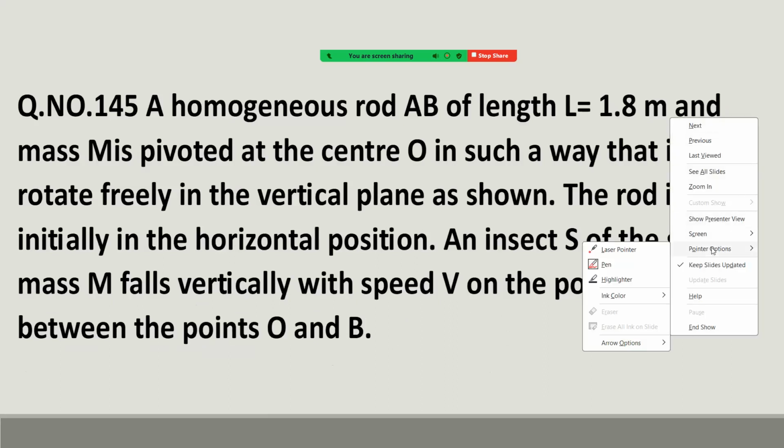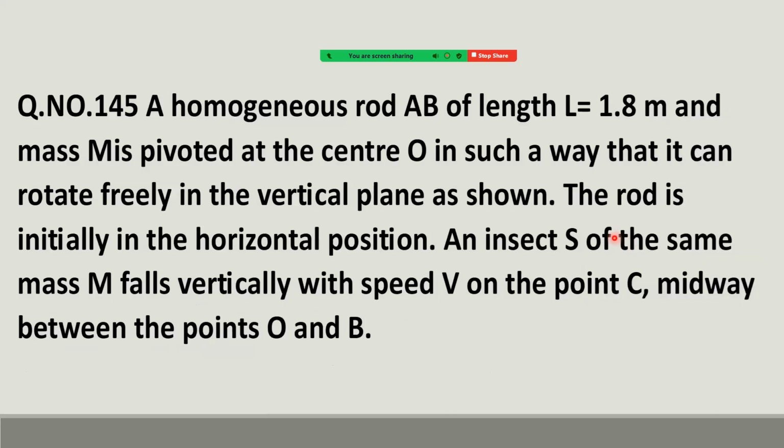Let's see the question given. A homogeneous rod AB of length 1.8 meter and mass m is pivoted at the center O in such a way that it can rotate freely in the vertical plane as shown.